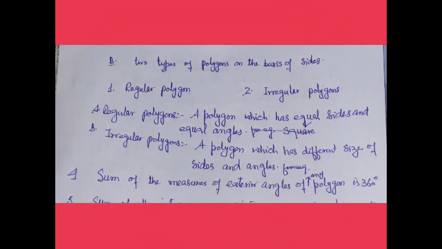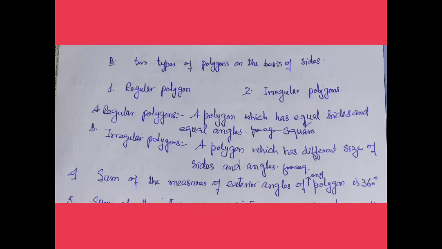B part, two more types of polygons on the basis of sides. When we talk about polygons on the basis of sides, I mean on the basis of measurement. They are regular polygons and irregular polygons.